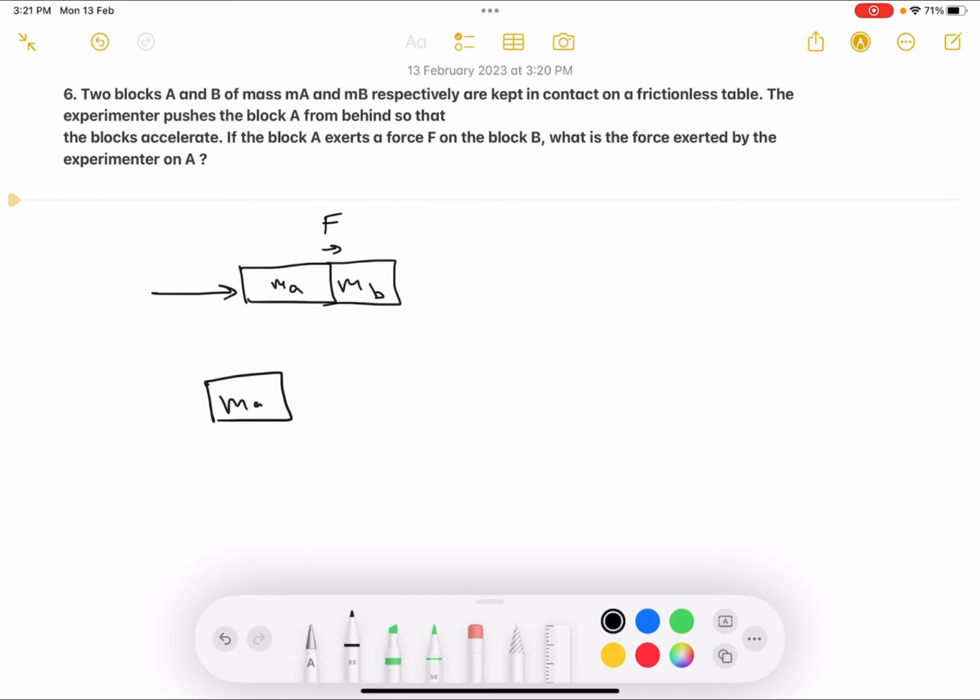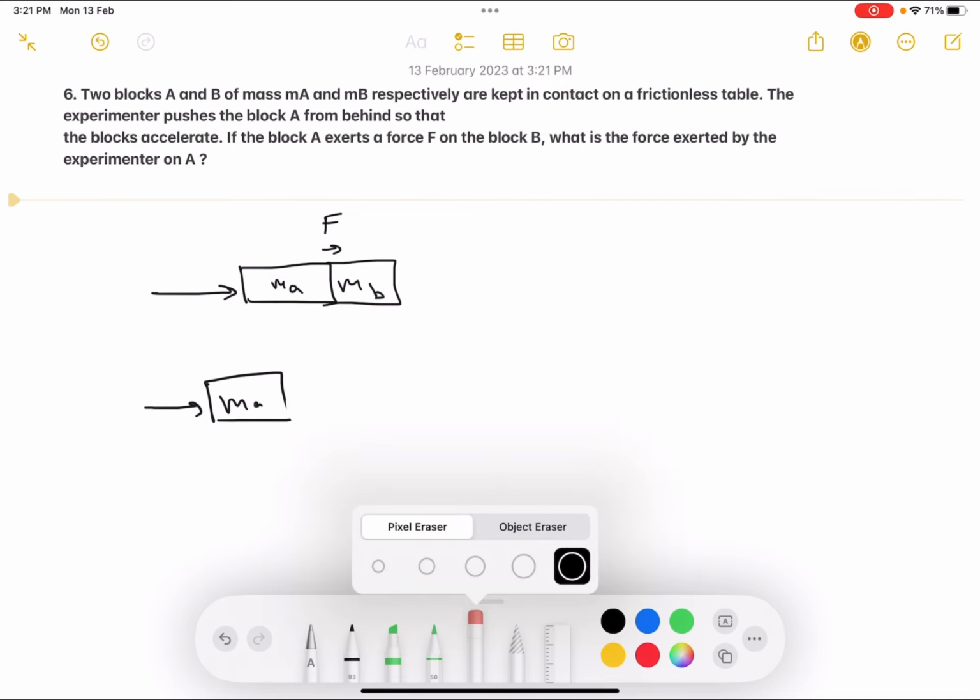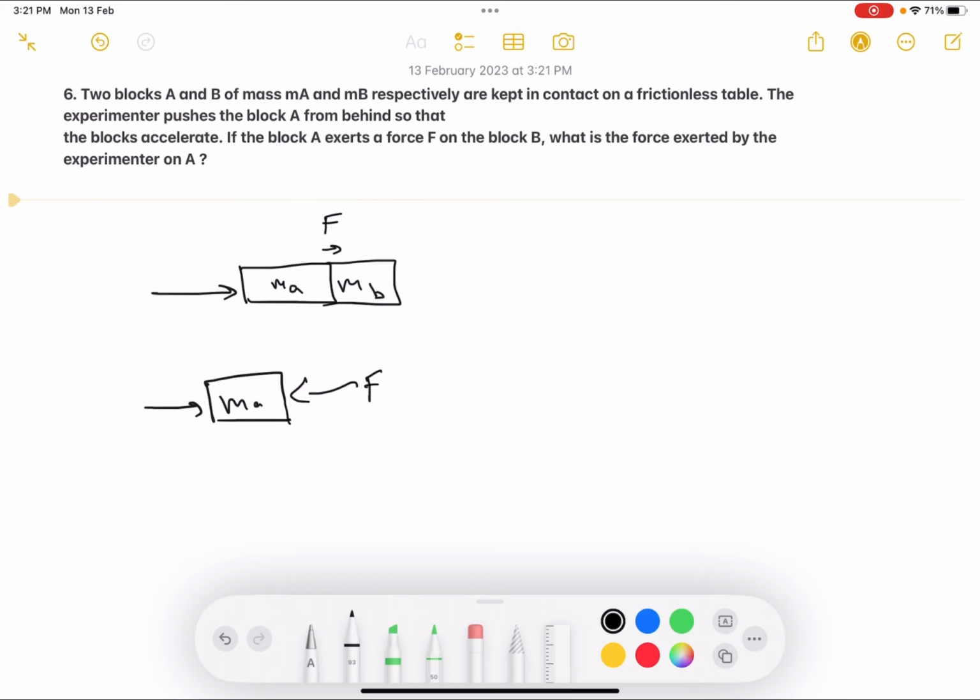So MA will have a force of F on it. The F is on the blocks, so it'll be F. A force of F is being exerted here.